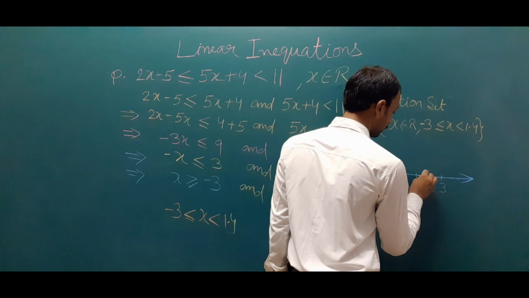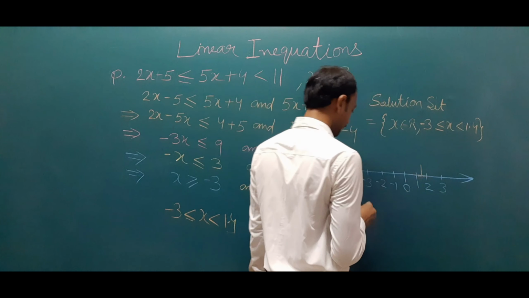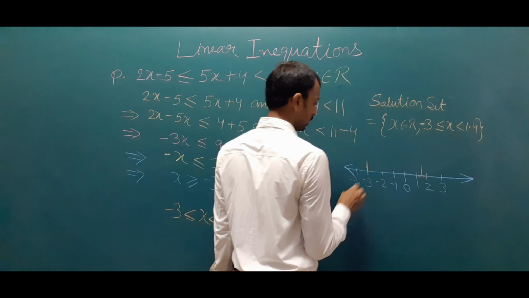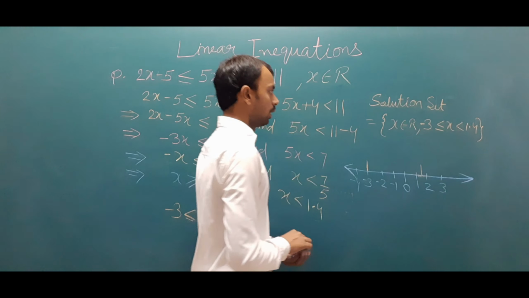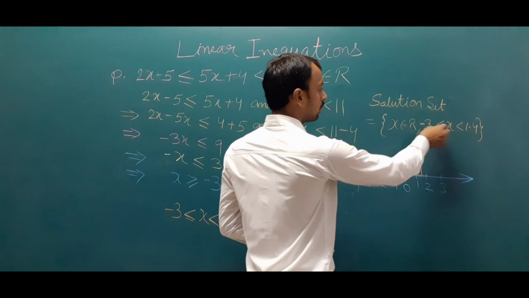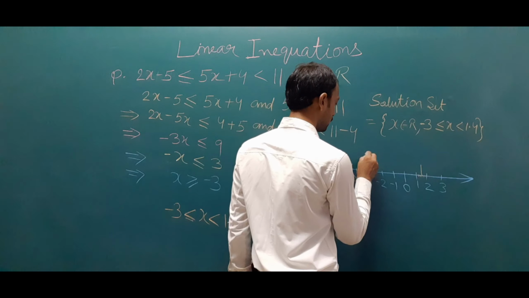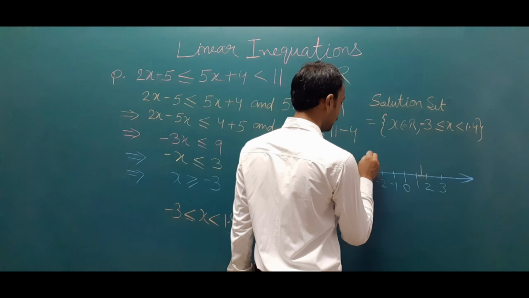We will take the 4th division. And here it is -3, so we will take this -3. Now -3 is equal to x, means this value will be included in our solution set, so the circle will be darkened.